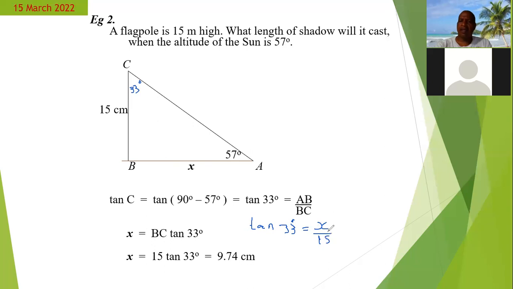And now because we are making X the subject, we can move the 15 to this side and then multiply. And so we would get X is equal to 15 tan 33.